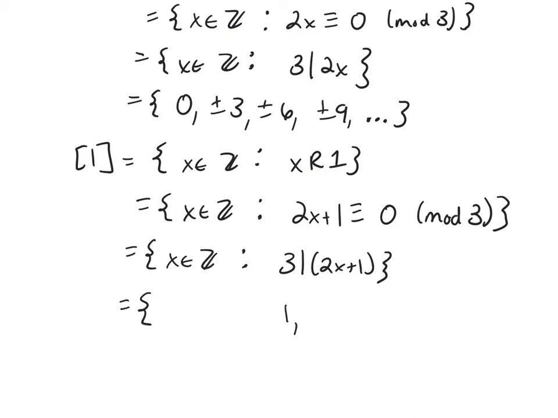If x is 4, 3 will divide 9. If x is 7, 3 divides 15. And you can even go downwards, negative numbers. If I plug in negative 2 for x, 3 will divide negative 3, negative 5, and so forth.